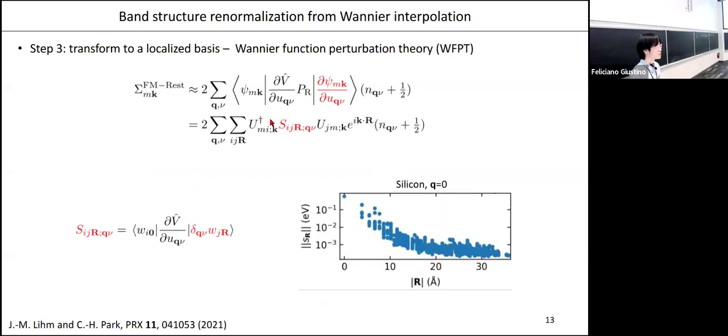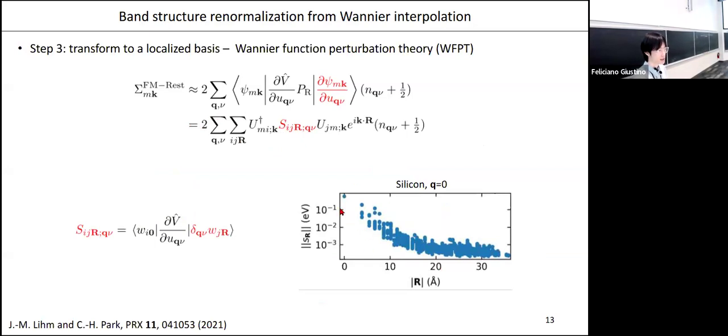So our final expression for the rest space van Migdal self-energy looks as follows. This is just a simple Fourier Wannier interpolation expression for this S matrix element, which is the real space localized object, and we will multiply a suitable gauge matrix to recover the momentum space self-energy in the band basis.